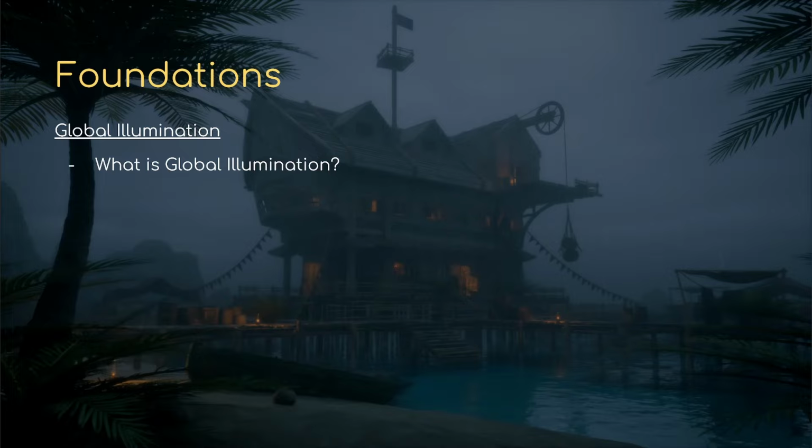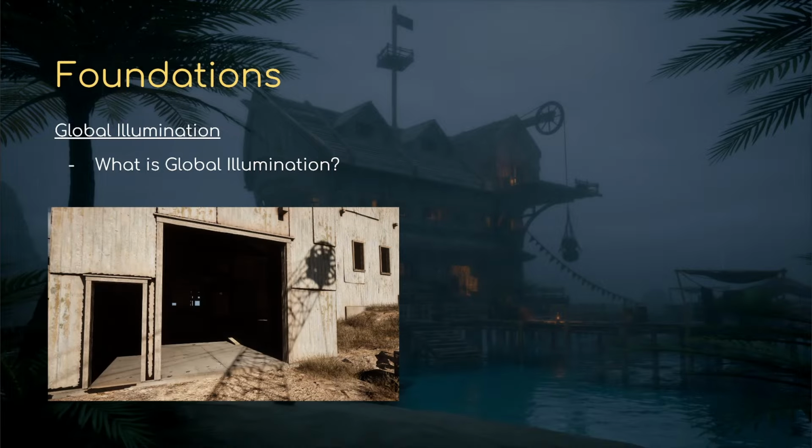And now I mentioned global illumination, but I didn't explain what it is. So let's talk about it. Global illumination is the way we recreate how lighting works in real life. If we just have direct lighting, you just have the areas that are hit by the light lit, but everything else is dark because there's no lighting bouncing around.